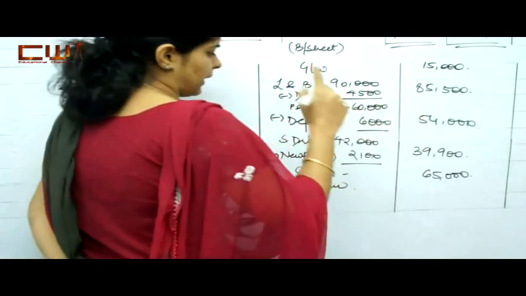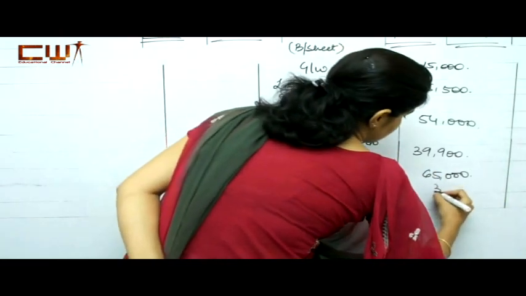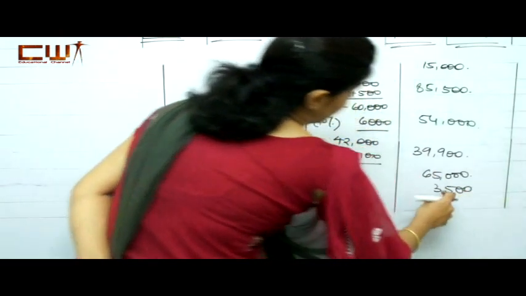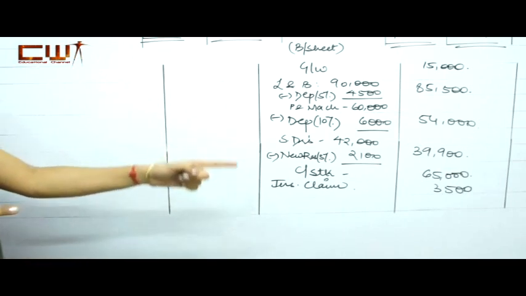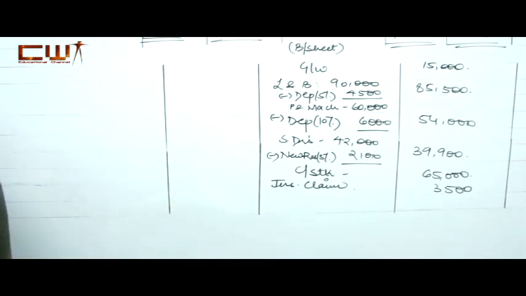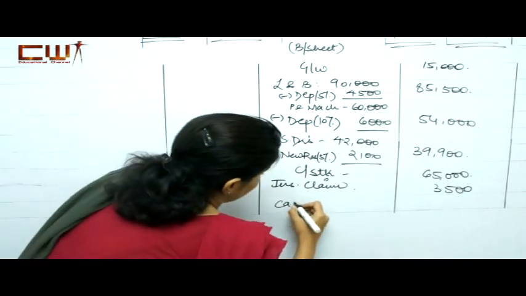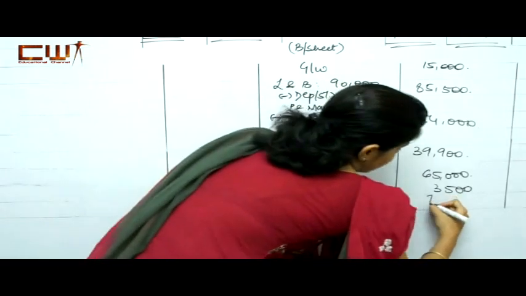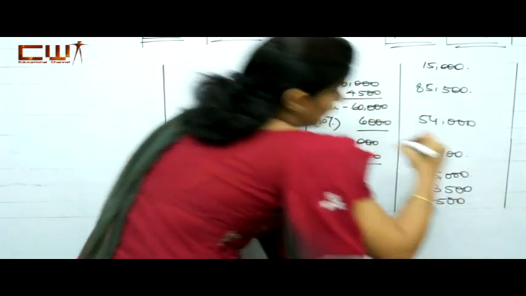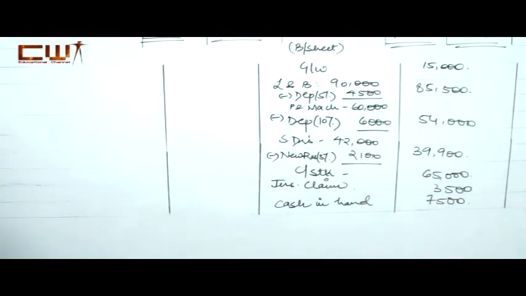So the 5,000 goes on the trading account credit side, the insurance claim, whatever money you receive, will come on the asset side, and the last thing, whatever balance that you didn't receive, will come in the P&L account debit side. So close insurance claim, 3,500 received. Last is cash in hand, 7,500. You have cash in hand 7,500, right?